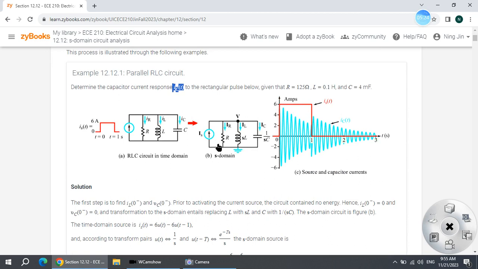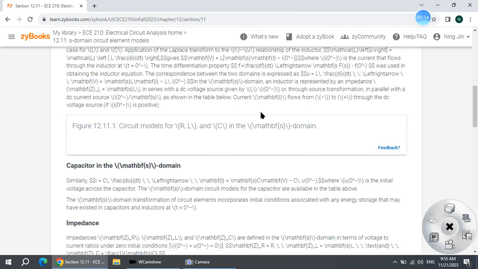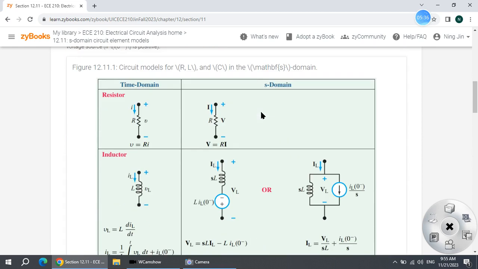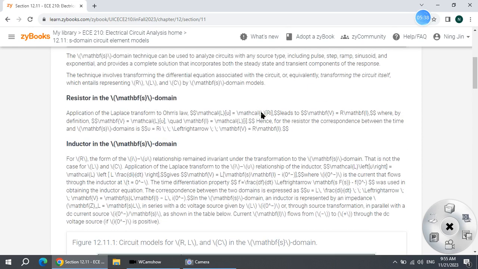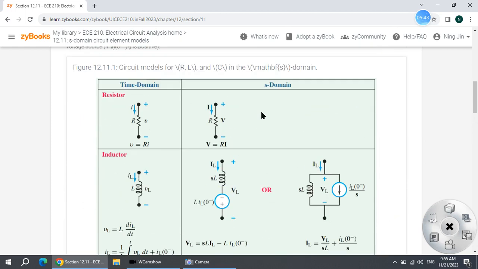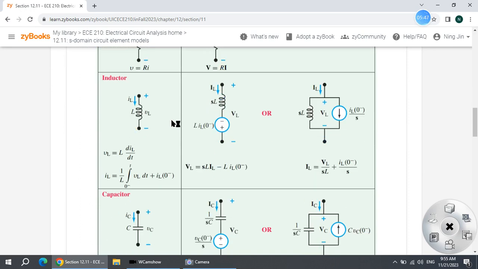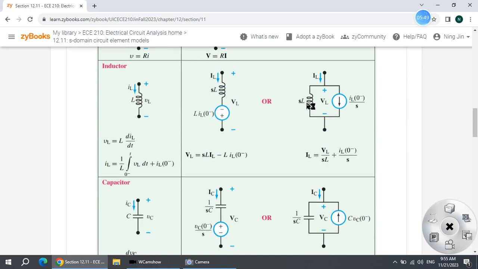Okay, then we have this circuit part. It's the internet problem. Yeah, this one. You see, we have this table. R is still R, and L will be SL, with different initial value terms.